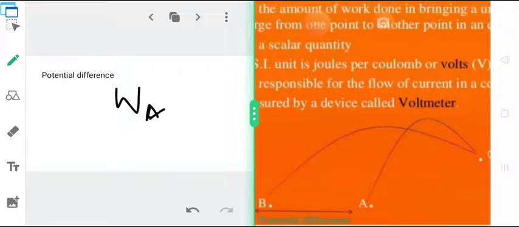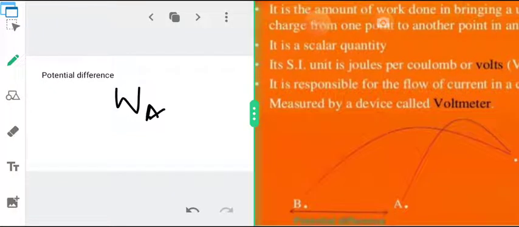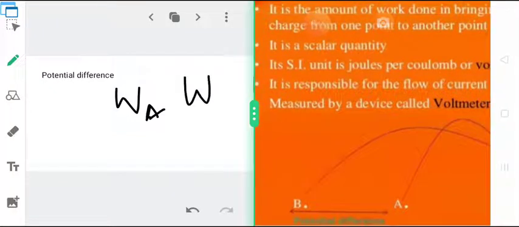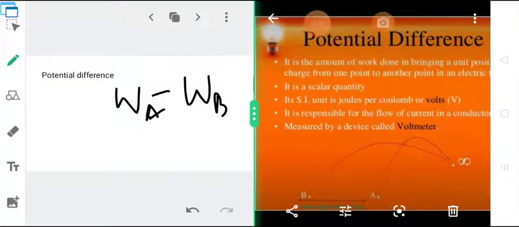Similarly, you can see that the charge is also being brought from infinity to a point B. So we can write down the corresponding work done as WB. Now, in order to find out the difference, we need to subtract these two values. And what is the magnitude of charge brought from infinity to these two points?